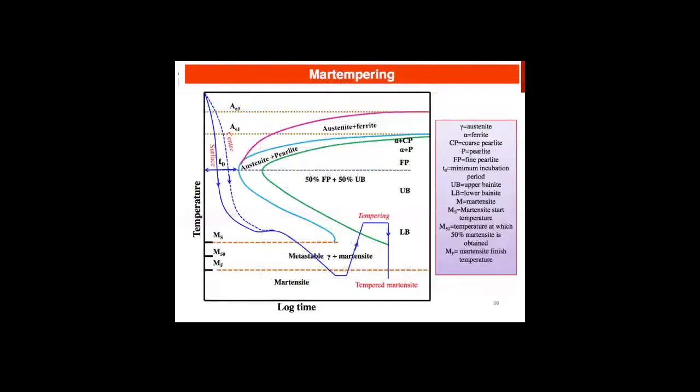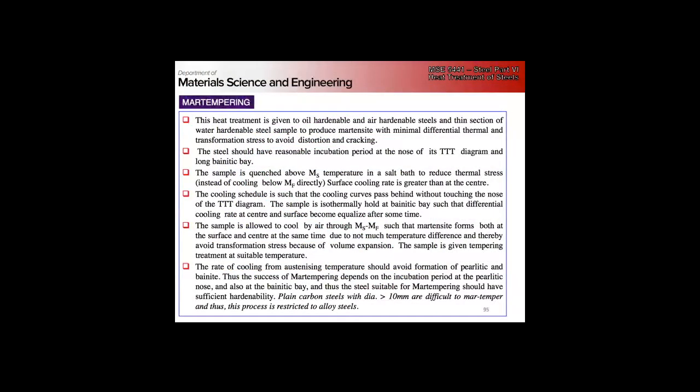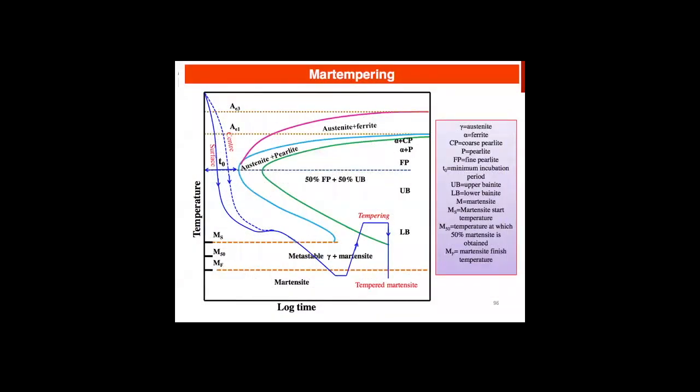Then go down through martensite start to martensite finish, and then temper, right? And again, the key is you need to be able to miss the nose of the TTT curve and the bainite bay, if there is one.